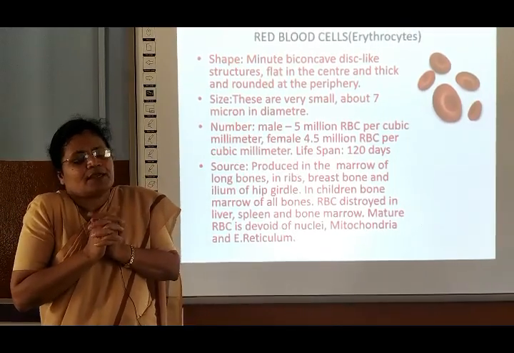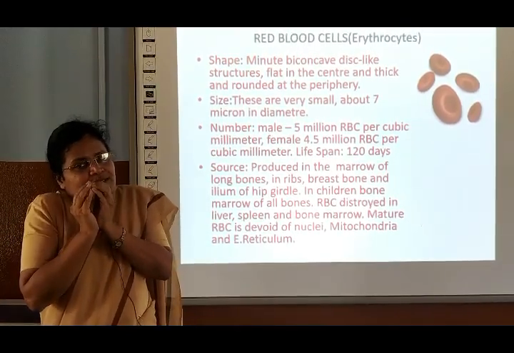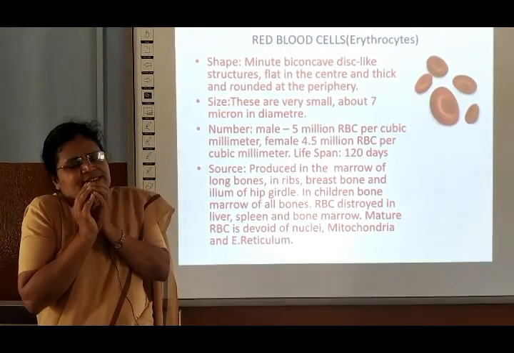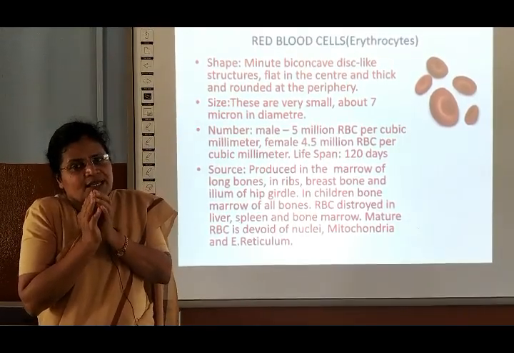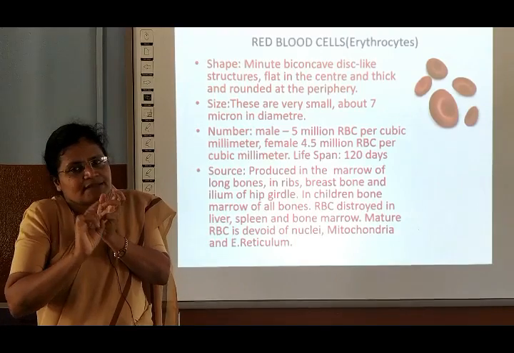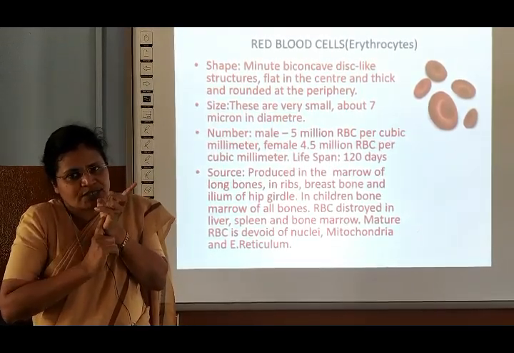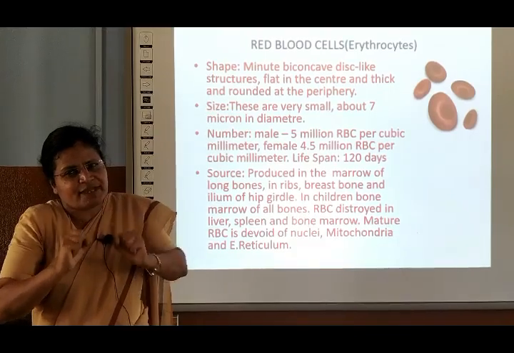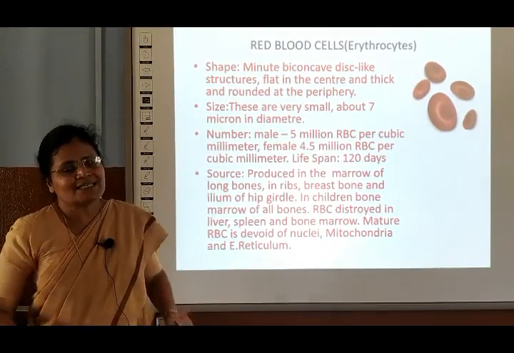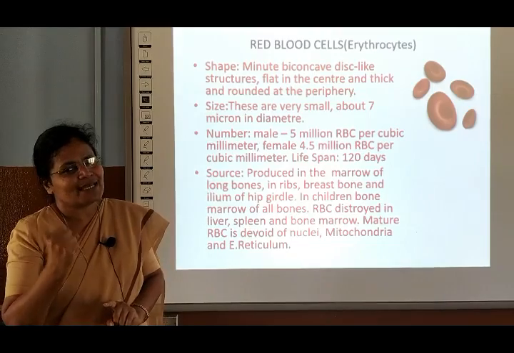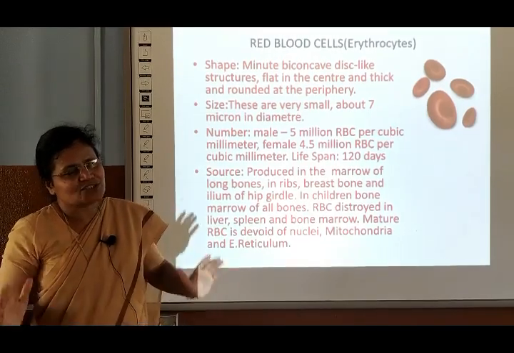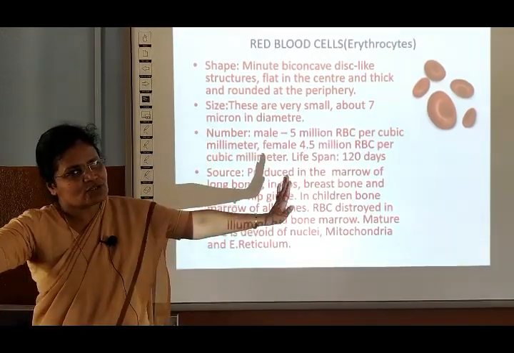So, though it is small in size, the entire space is occupied by oxygen. By removing these two organelles, and by not having mitochondria, not using the oxygen, the entire oxygen is available for transporting. Thus, it is so efficient in transporting, carrying, accommodating a large amount of oxygen and transporting it to different parts of the body.